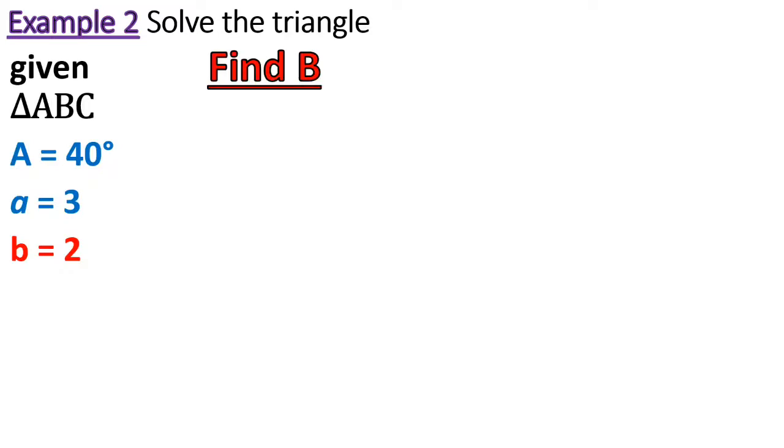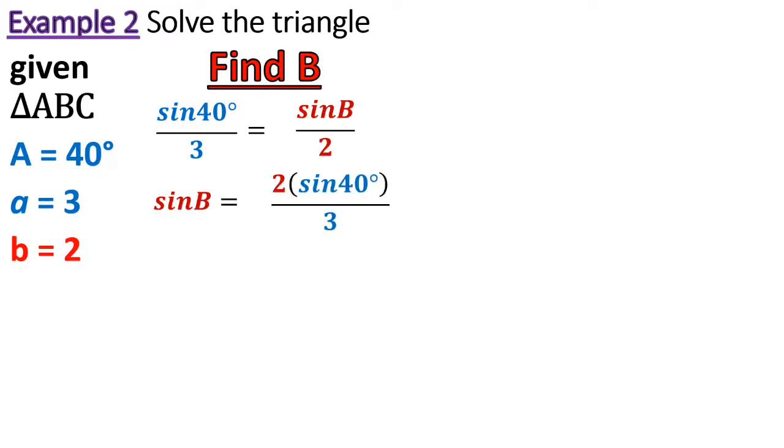Using the law of sines, we will find angle B, setting the sine of 40 degrees over 3, because 40 degrees and 3 are corresponding, equal to the sine of angle B over side B. We can get sine of angle B alone by cross-multiplying and dividing. So the sine of angle B is 2 multiplied by the sine of 40 degrees divided by 3.